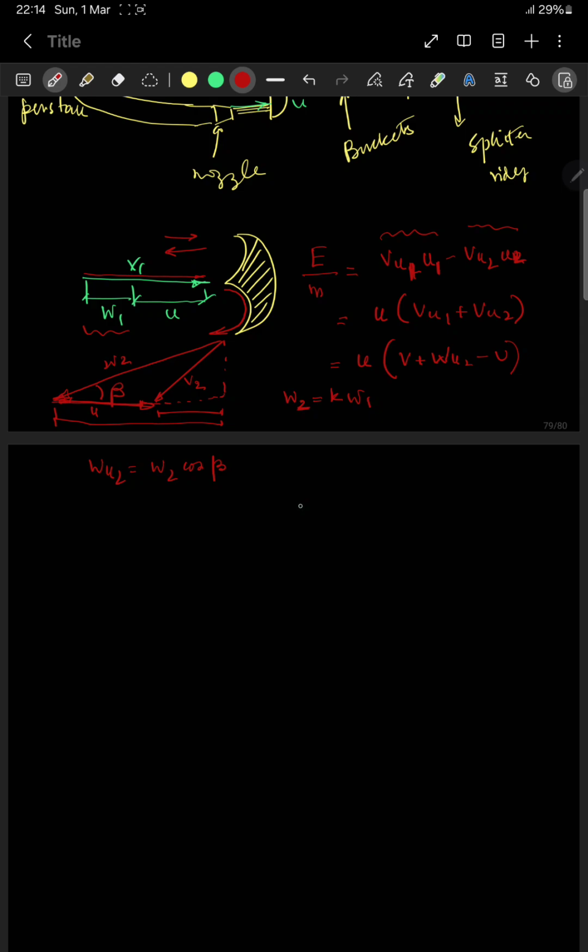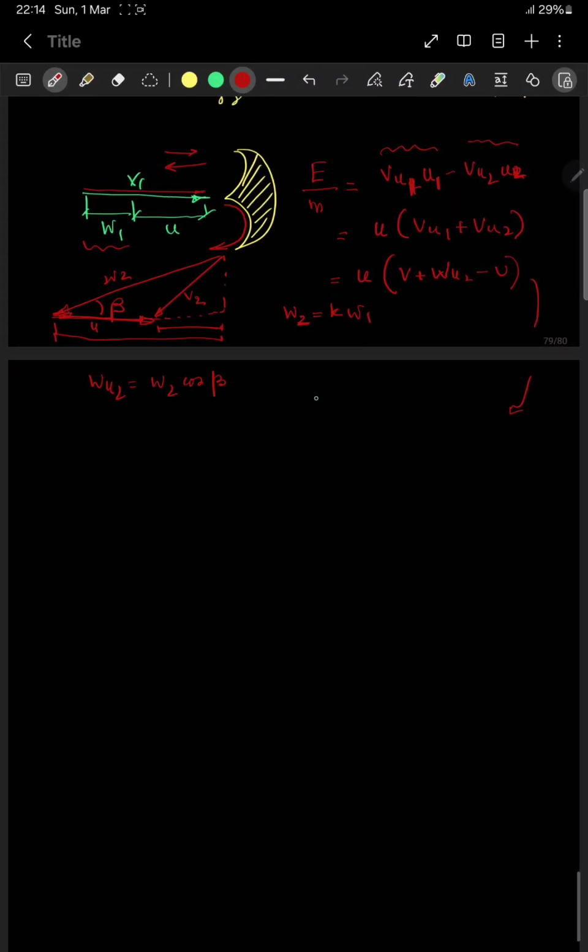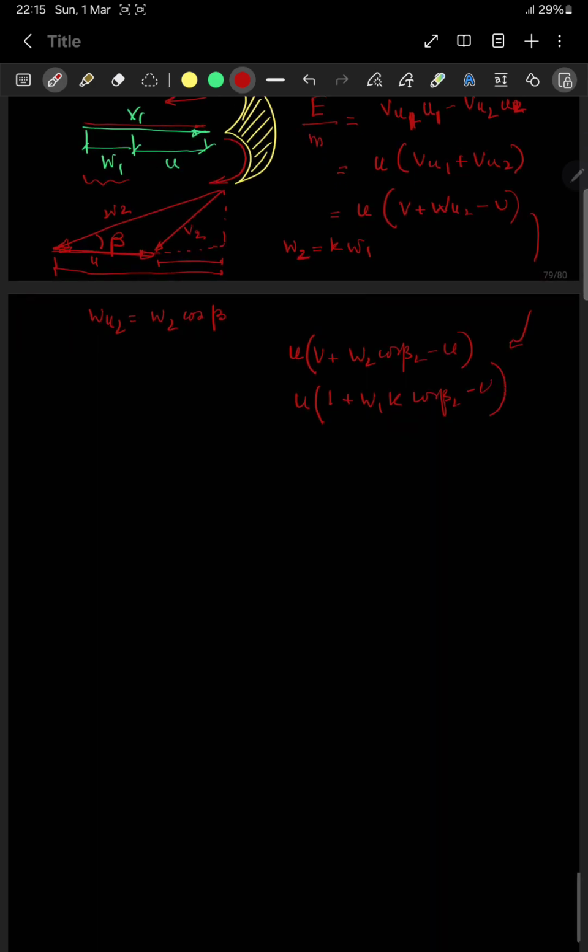Now this equation can be written as this thing. U into v plus w2 cos beta2 minus u, that is u into v plus w1 into K cos beta2 minus u. This is v.